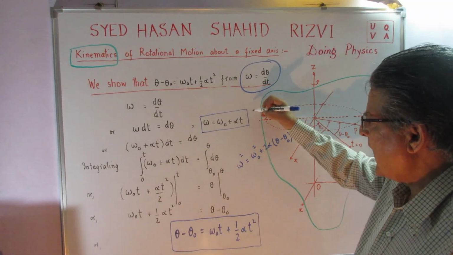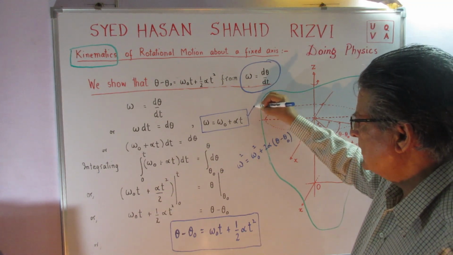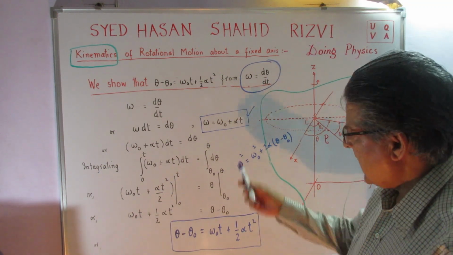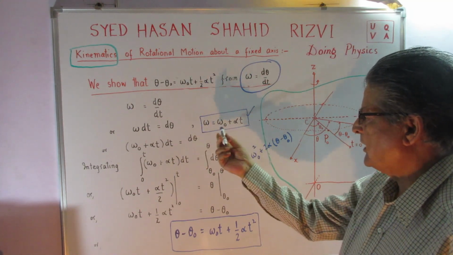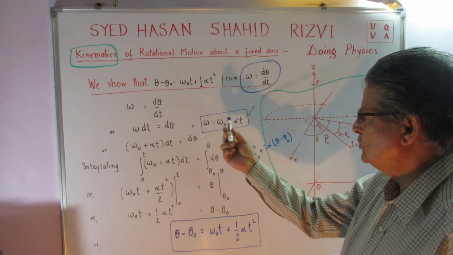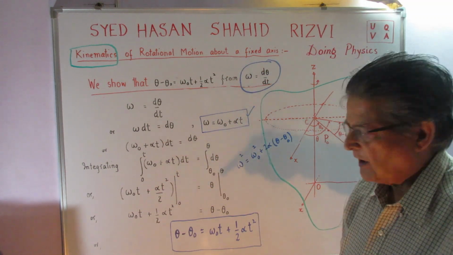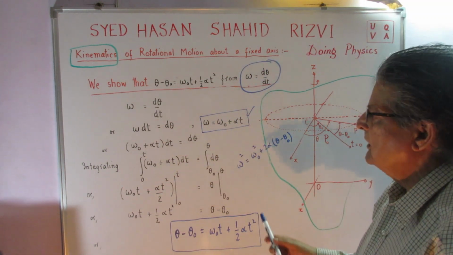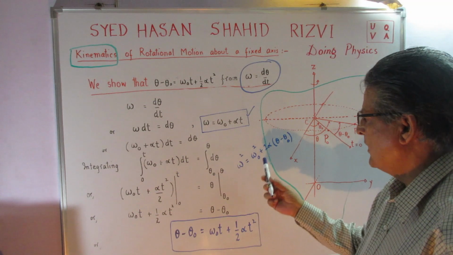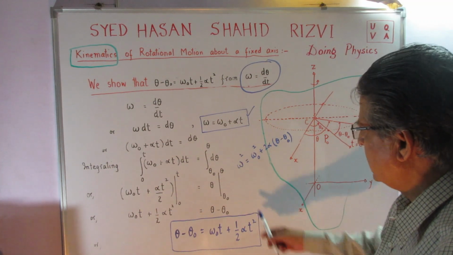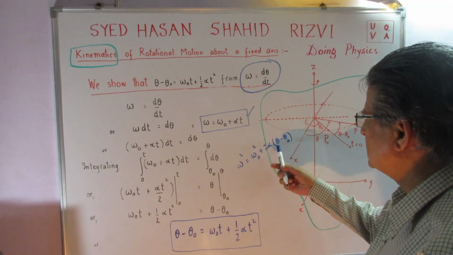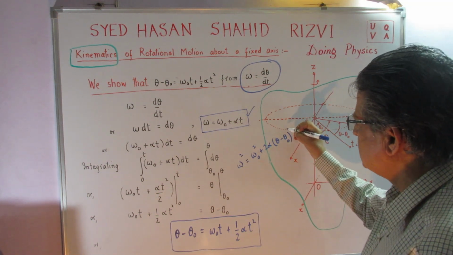I just squared this relation, and this will turn out to be on the left side omega square, on the right side omega naught square plus 2 omega naught alpha t plus alpha square t square, and when I rearrange the terms I obtain this as omega square is equal to omega naught square plus 2 alpha theta minus theta naught.